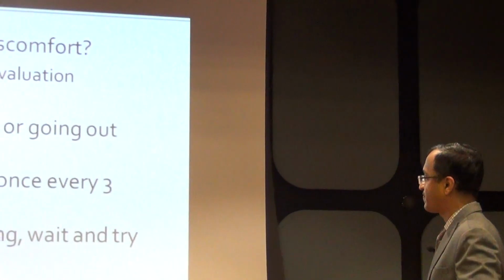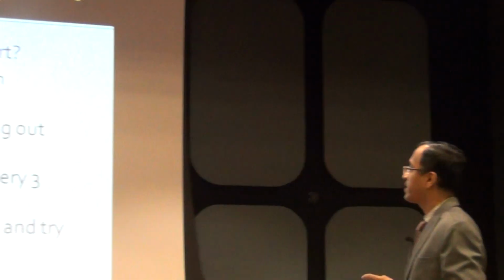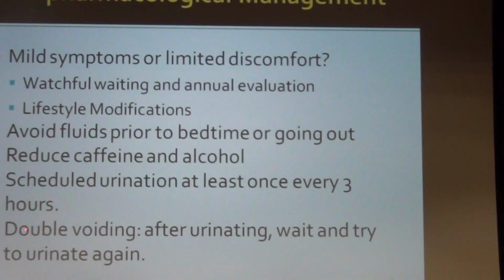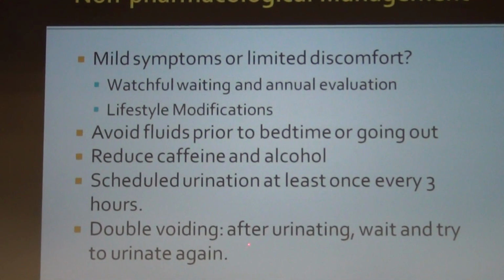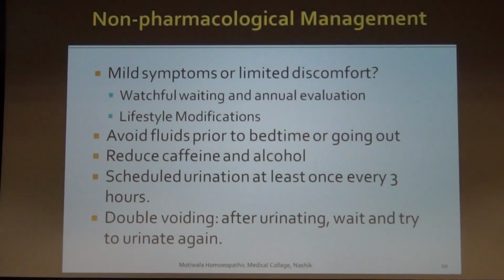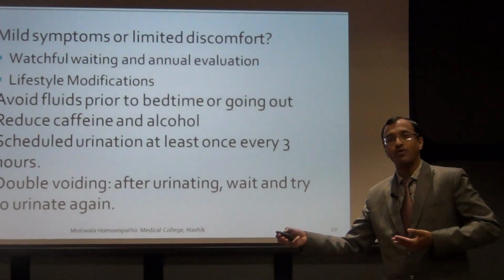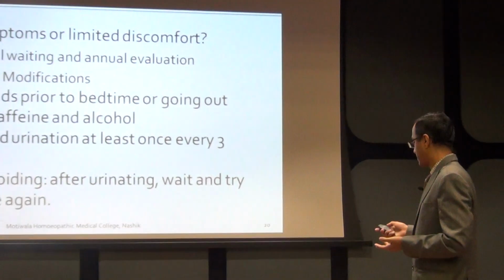Double voiding is again a very key management procedure, where we have to tell patients that after urination they should wait and try to urinate again, because otherwise they are going to have the urgency.